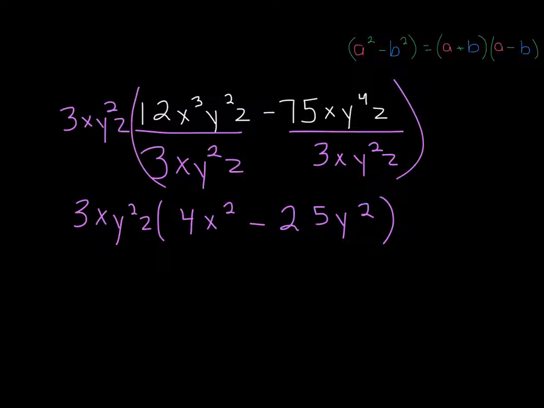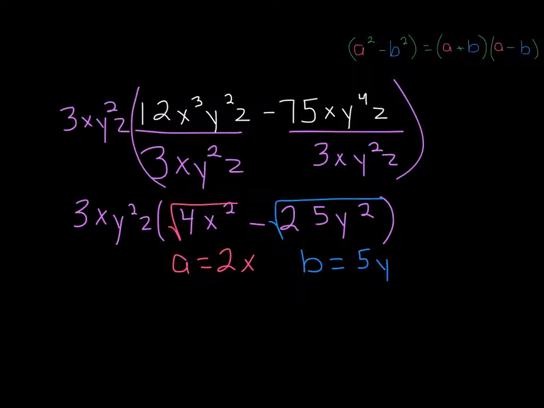Now I do have two perfect squares. Square root of 4x squared would be 2x. Square root of 25y squared is 5y. So again, our common factor is like a permanent fixture. We don't really do anything else with it, but it remains in our answer. And we do our A plus B, A minus B pattern.